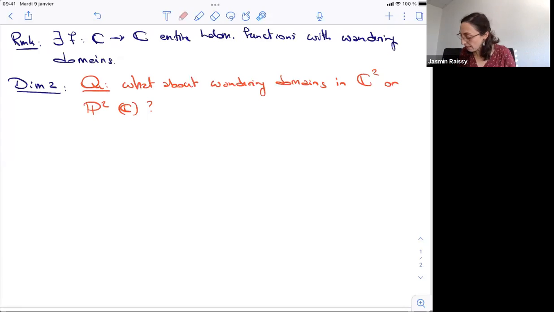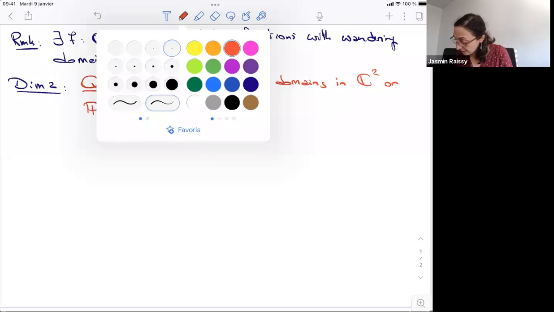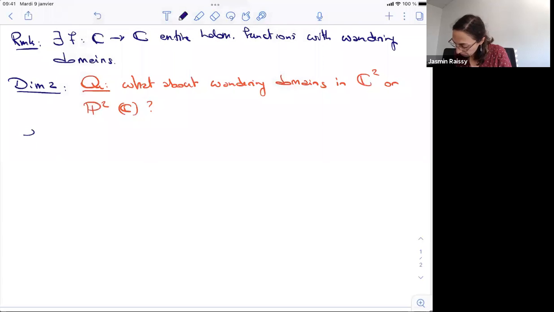If you take a direct product in C2, f of z, g of w, and you find a wandering domain for f, then you are going to be able to construct a wandering domain in C2.